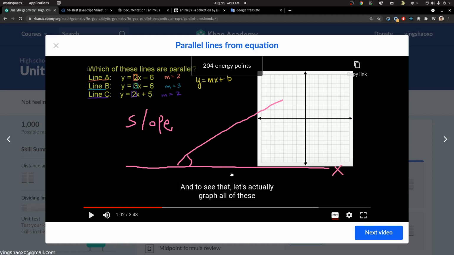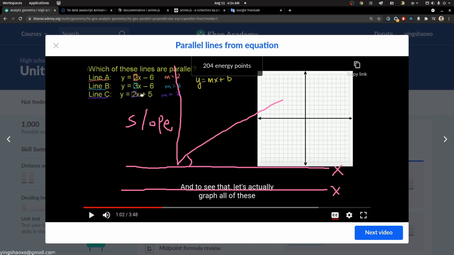This is the x-axis. If the slope equals 0, it will just be the x-axis. If the slope is approaching infinity, then it must be a vertical line.